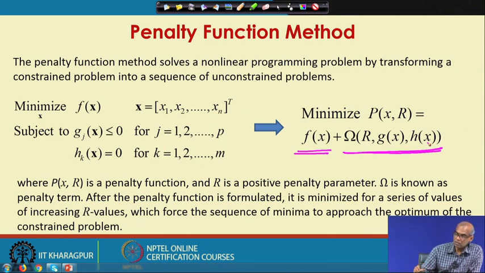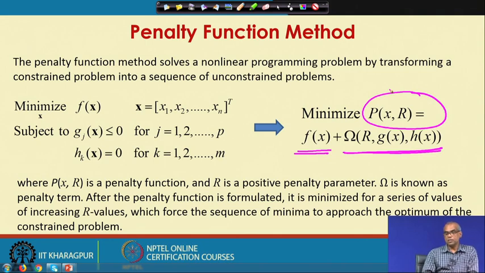This is known as the penalty function. So, the penalty function is nothing but the objective function of the original nonlinear programming problem plus a penalty term.